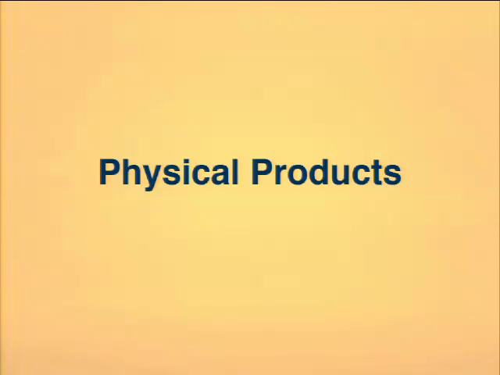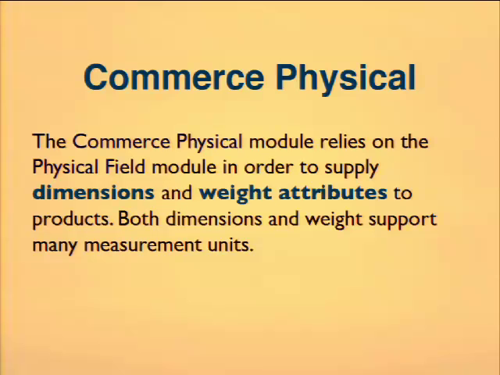Okay, so physical products. For those of you selling physical stuff, maybe it's not that trendy, but we have a solution for that. Commerce Physical uses the physical field model for three dimensions and weight in many measurement units.